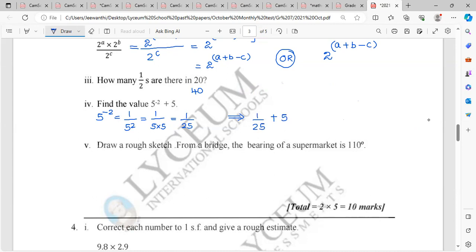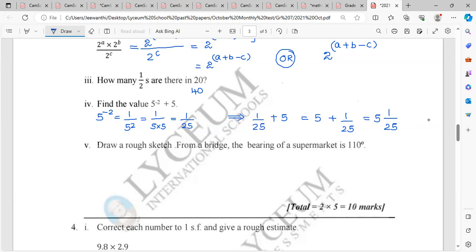How do you write this? It is the same way: 5 plus 1 over 25. So then you can write it as 5, 1 over 25. Right. So that is the value of this. You can write this as a mixed number. 5 to the power negative 2, you can write as 1 over 5 to the power 2.